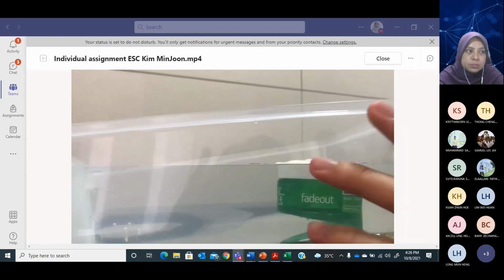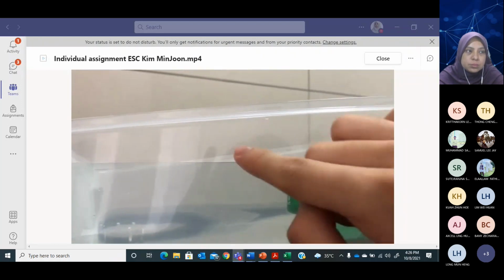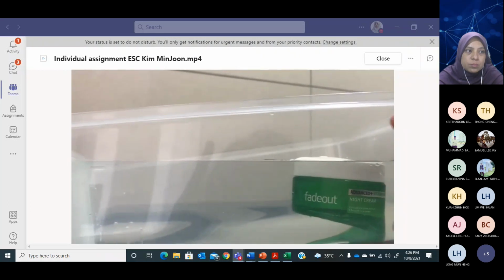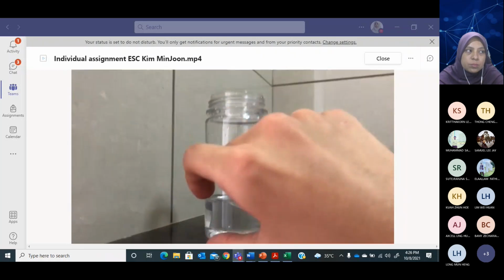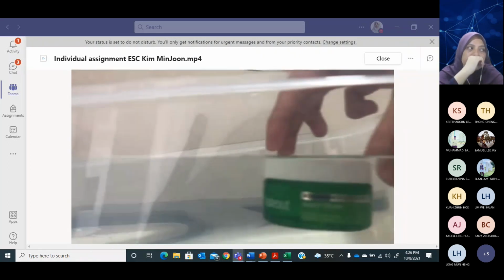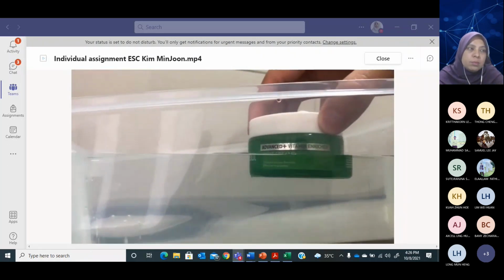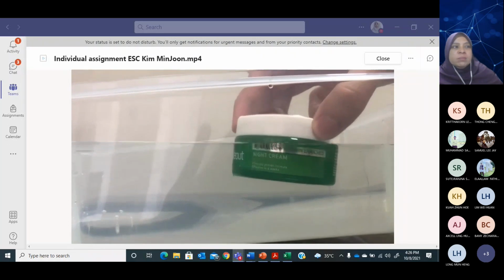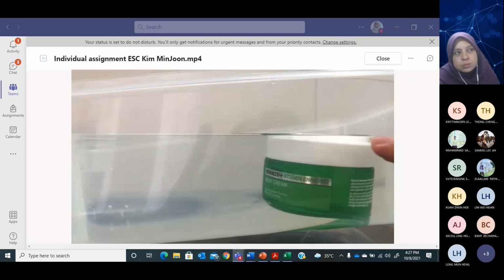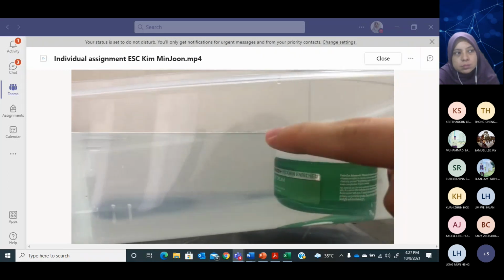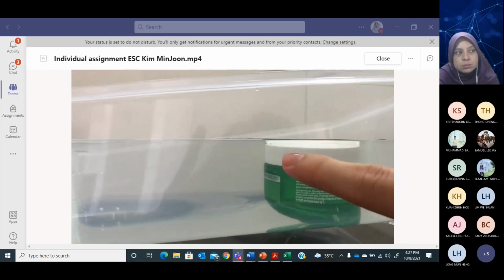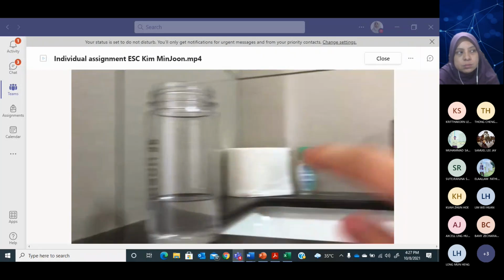There's also a saying that the volume that is submerged below the waterline is the same volume as the water displaced. So, if the object is floating like this, then the part of the object that is submerged below the water level, that volume is the same as this volume.